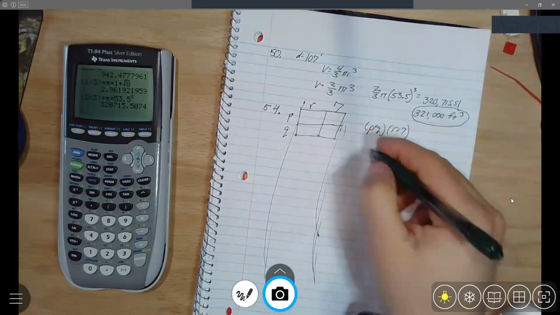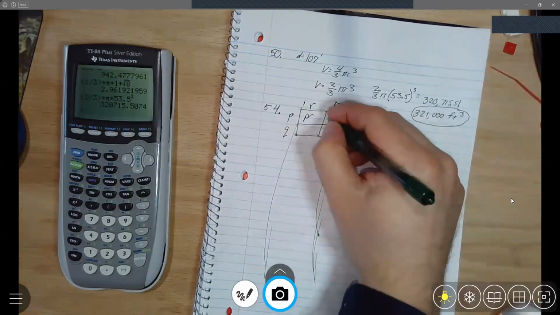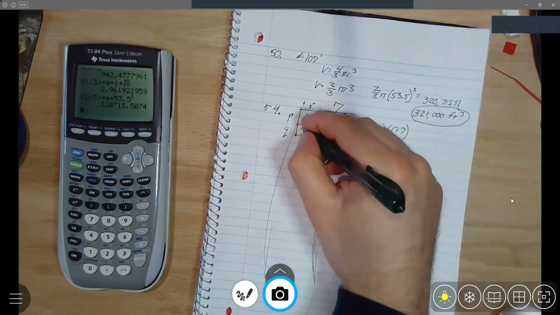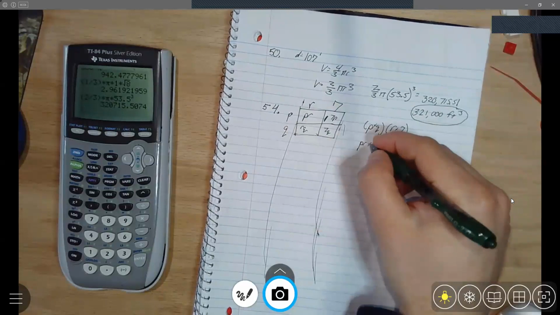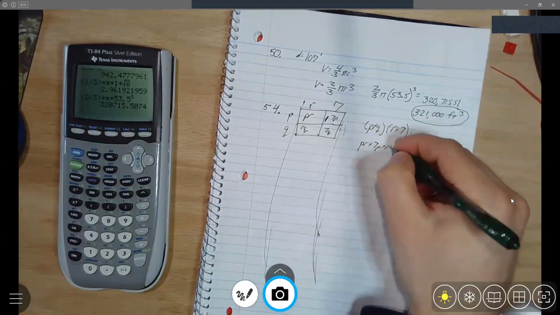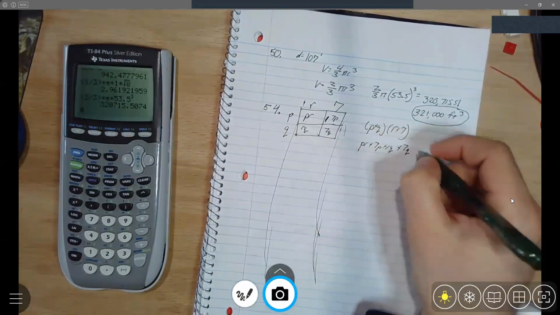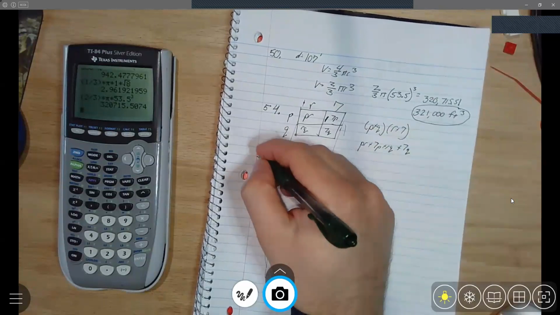And then the other way is to multiply it out. So we got PR, 7P, RQ, 7Q. So PR + 7P + RQ + 7Q. Here's your two ways.